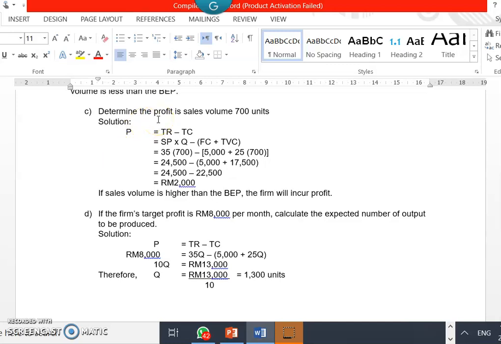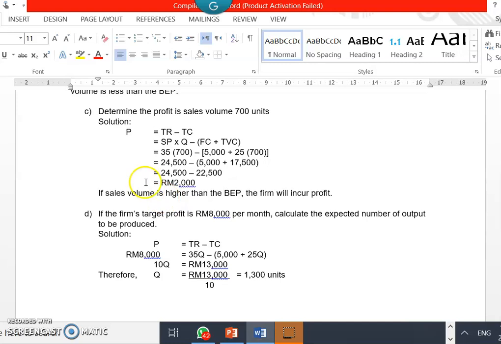Okay, now moving towards C, the third question: determine the profit if the sales volume is 700 units. Here we use the same formula as for B, and now we only replace 300 with 700.